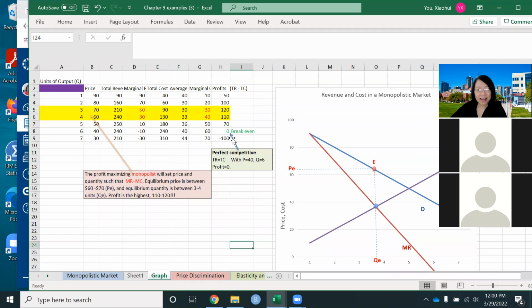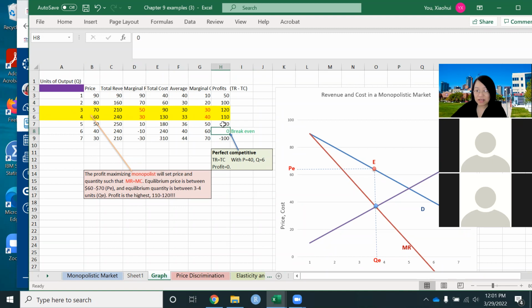Come on. See here, break even. Right, break even. So this is the perfect competitive market. They produce at break even, when profit equals 0.